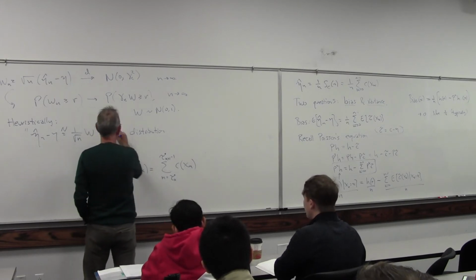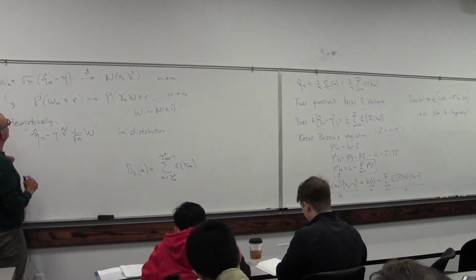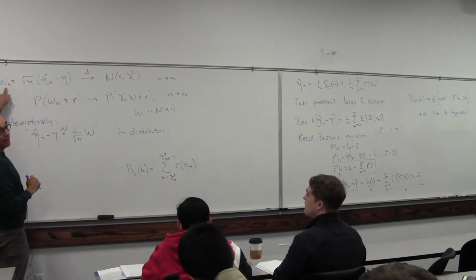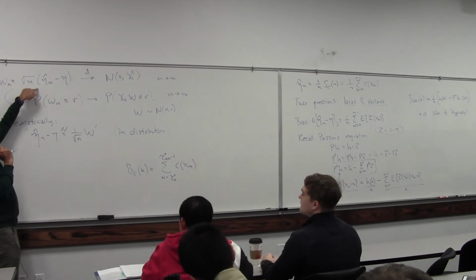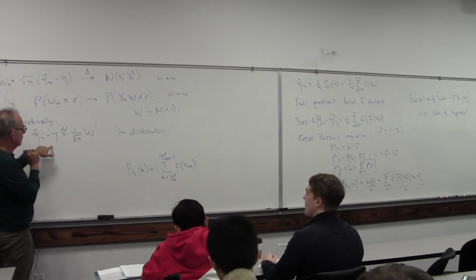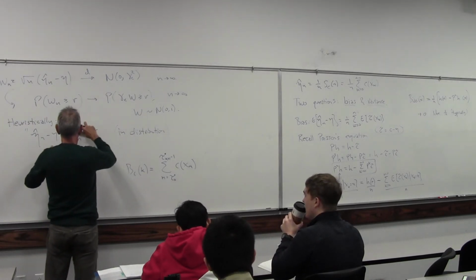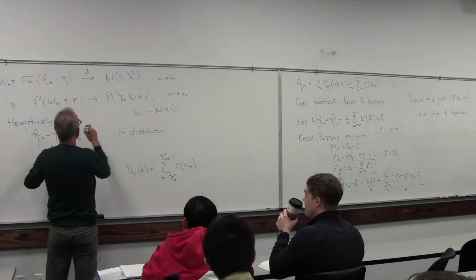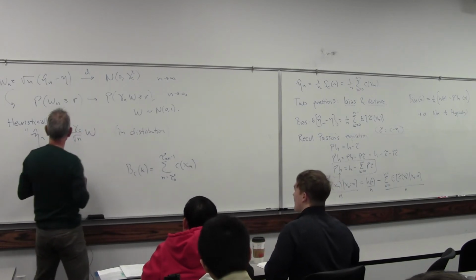I should put this in parentheses. So this is the kind of thing that you'd write down. Basically, saying this Wn converges in distribution to an N(0,1) random variable, and I forgot something, didn't I? Forgot the gamma. All right.